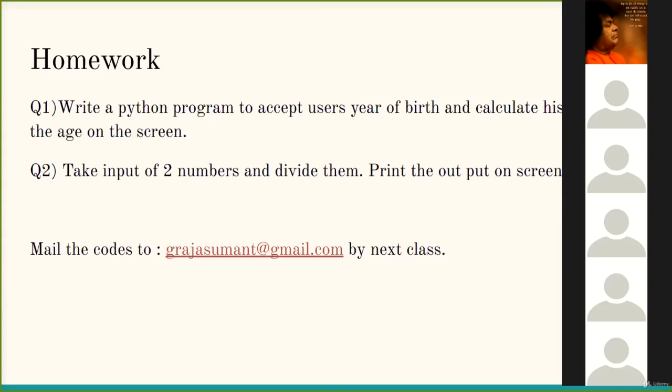So how do you evaluate his age? 2020 minus 2000, which means he is 20 years old. And I would like you to print this age on the computer screen by using the print statement. That will do.